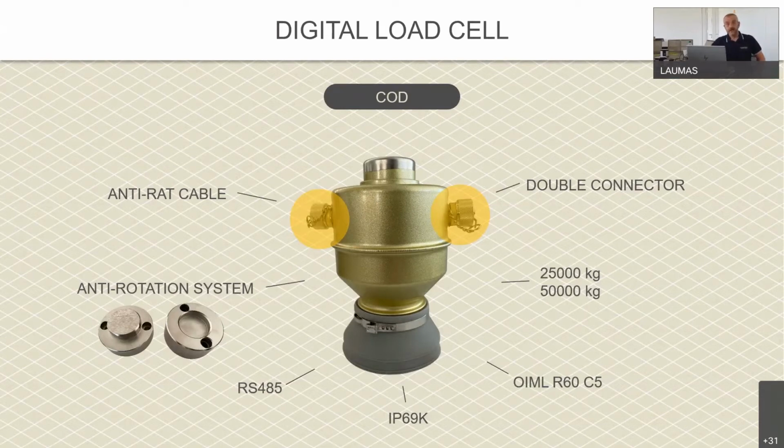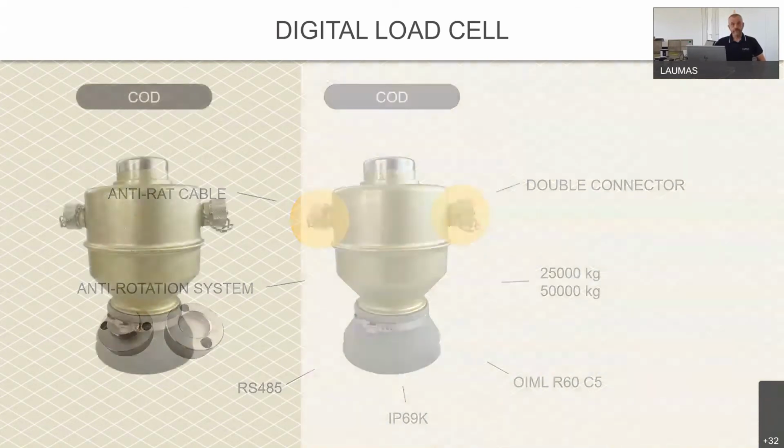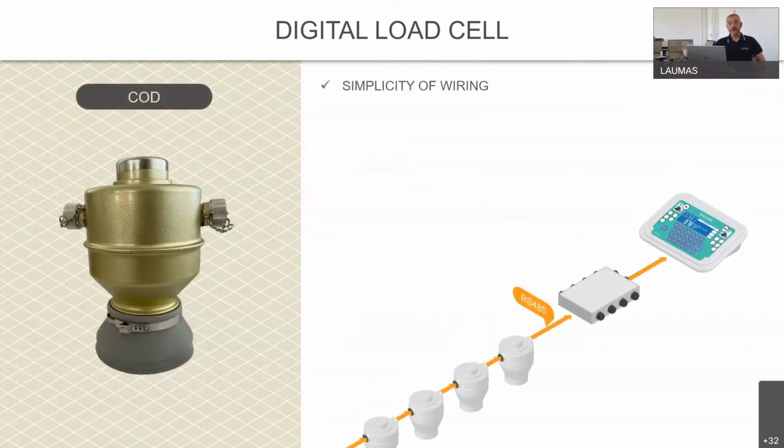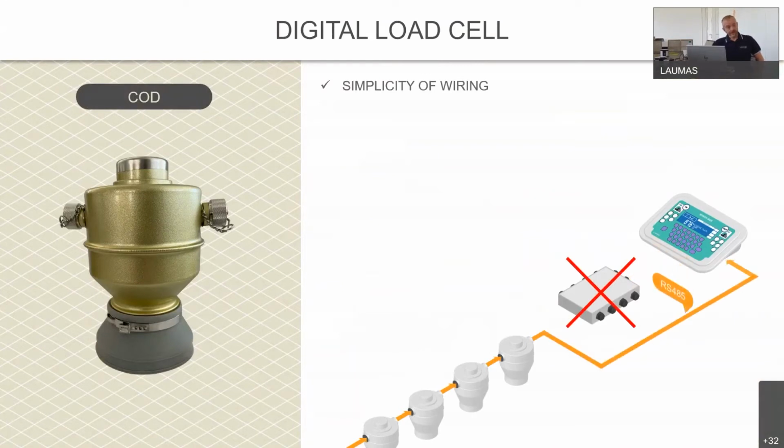Again, as I said before, the load cell has two connectors and two connection cables which are included. And the cables are anti-rot ones. A real strength of this kind of load cell is the double connector. As you probably know, there are many digital load cells for track scales on the market, but I can say that the main part of them have just a common cable output or just one connector.